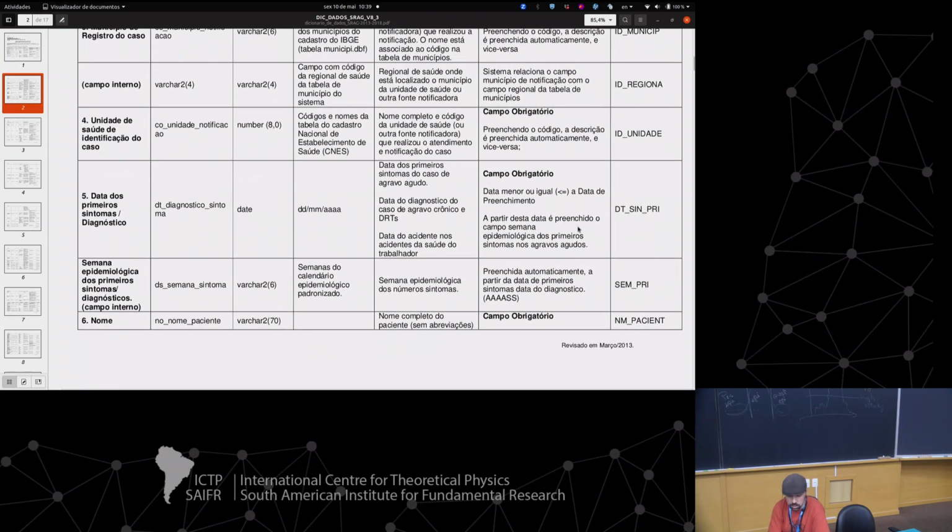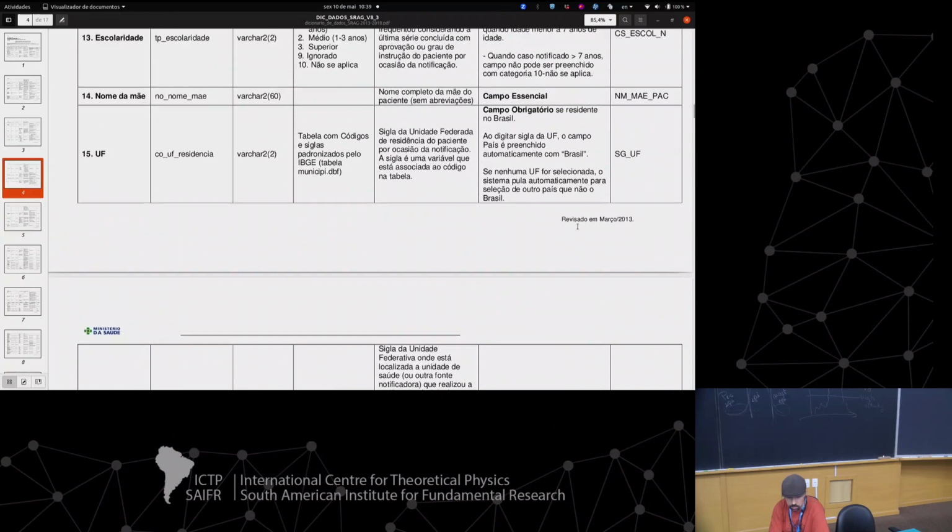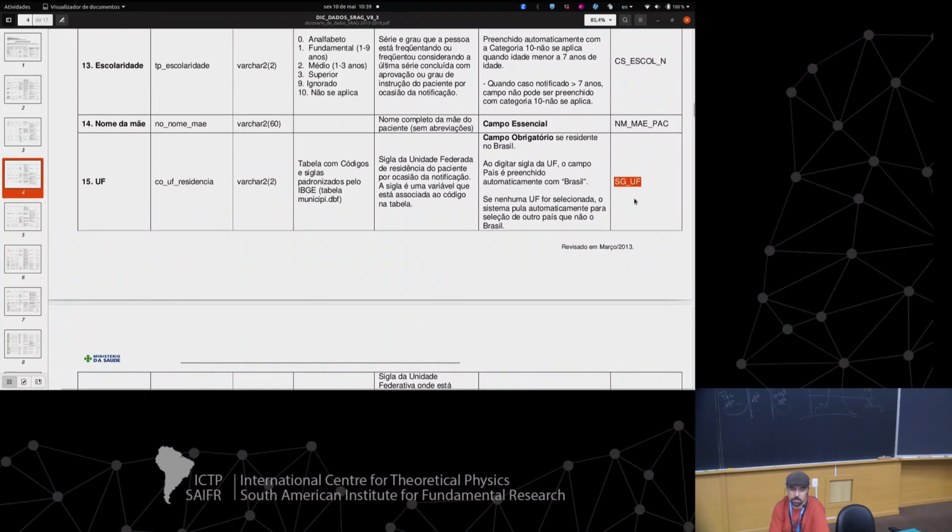And you can see that later on this other variable here is also associated with state, federal unit or province. Why is that? Because this one is associated with the state of residence of the individual that was notified.